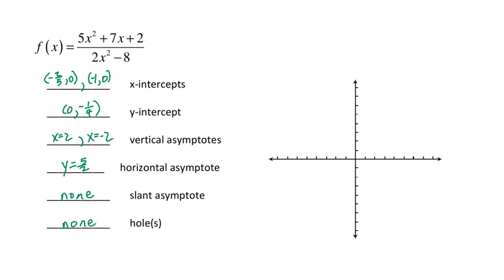So let's put some of these features on the graph. Negative 1, 0 is here. Negative 2/5, 0 is here. We had asymptotes at positive 2, so x equals positive 2 was a vertical asymptote, and also x equals negative 2.